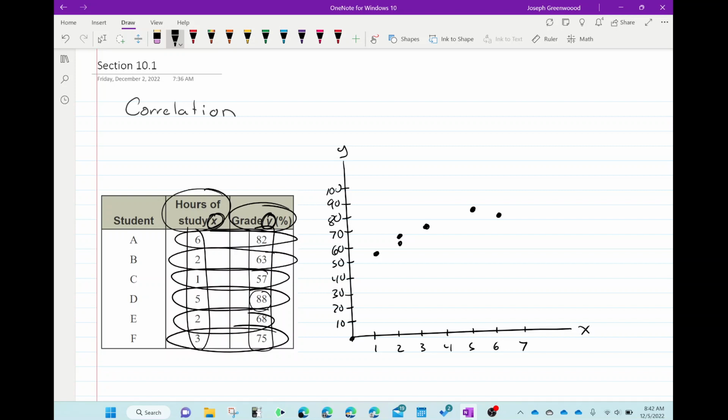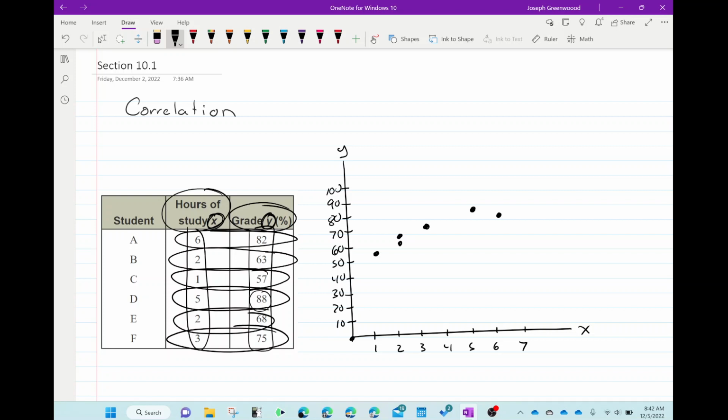So what we did was take our coordinate points, which show the relationship between hours studied and grade, because we wanted to see if there was a relationship. The mathematical way of saying that is: is there a correlation between the two variables? Now, in this section, we're going to start by determining whether or not a relationship or a correlation exists, but just by simply looking at it visually.